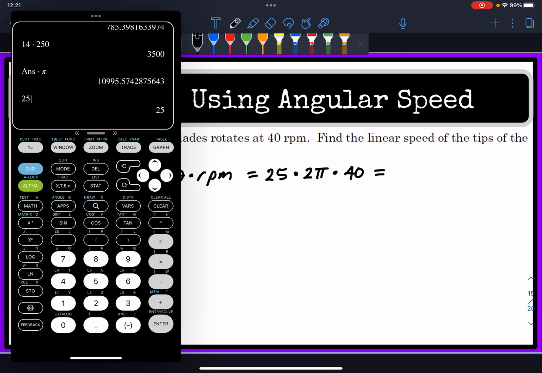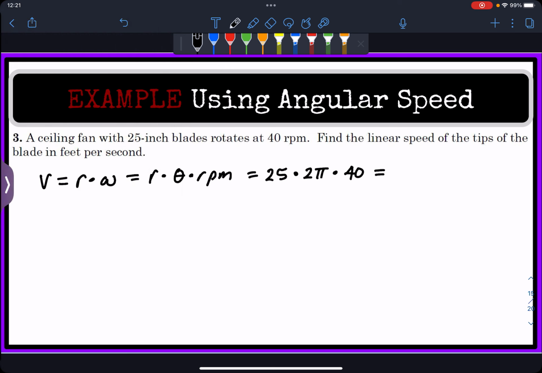So 25 times 2 times 40 equals 2,000 pi. Because the 25 is in inches, it's going to be inches per minute, because our RPMs are measured in minutes.